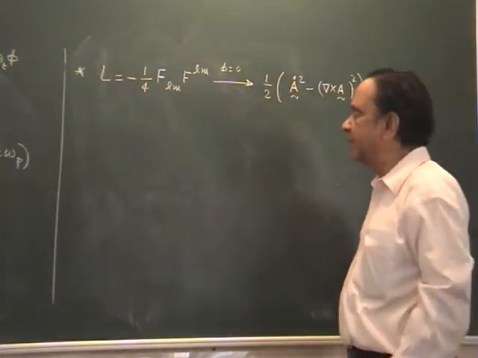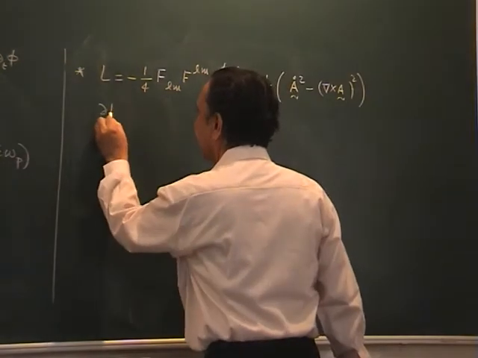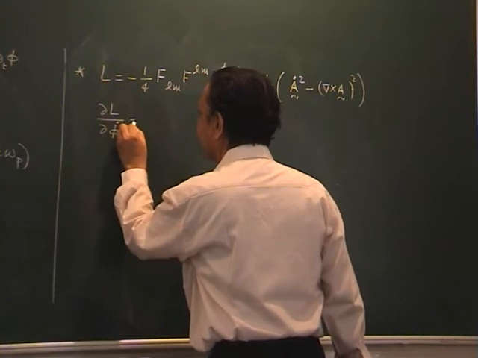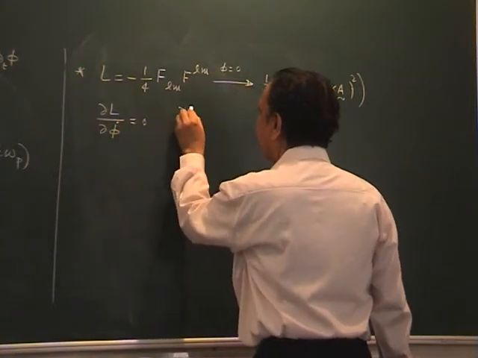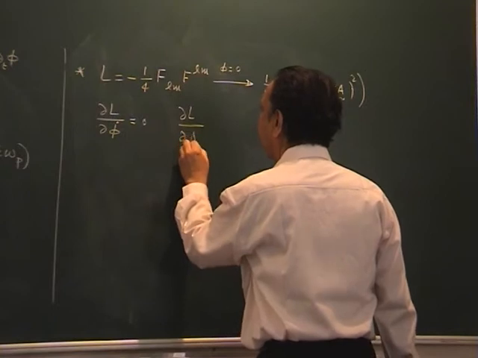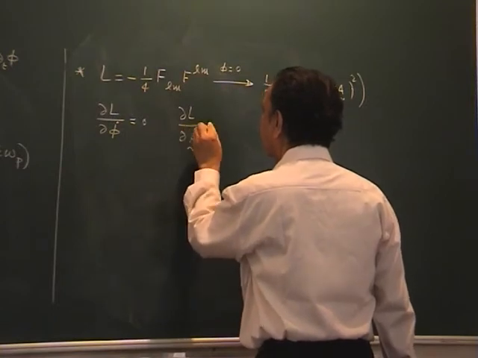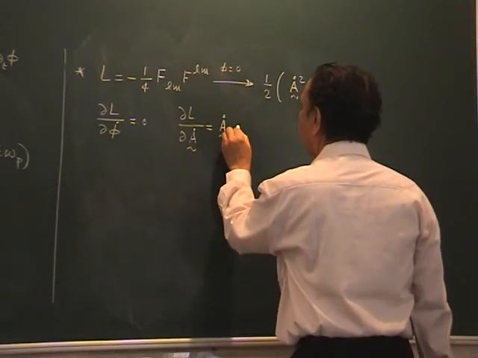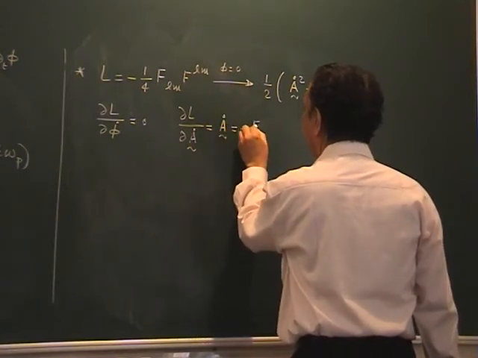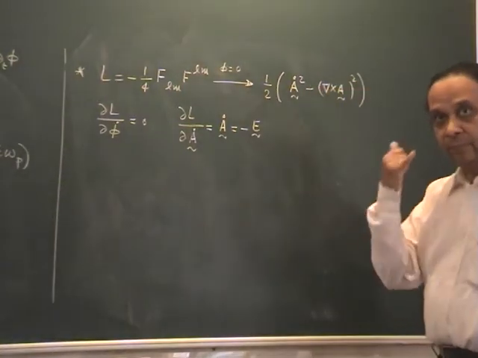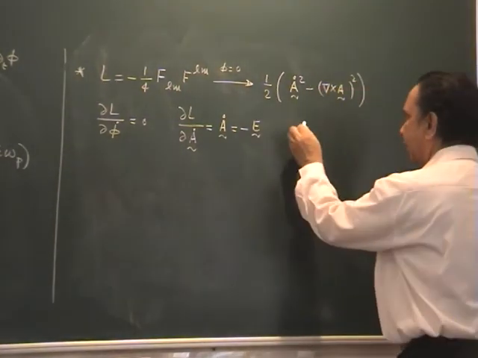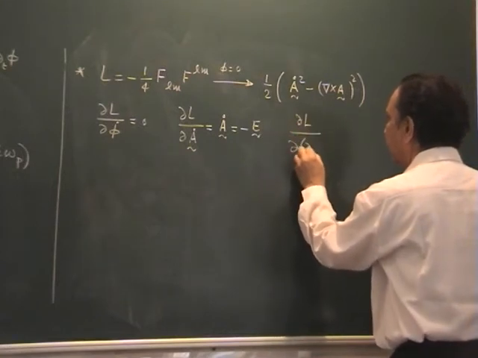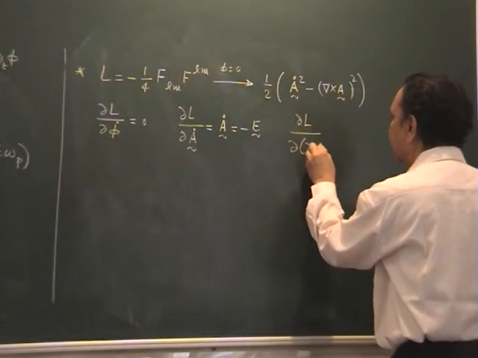You can immediately see from this that dL with respect to d phi dot, as we have discussed before, is equal to 0, and dL with respect to dA dot is equal to A dot, which is minus E. What it means in our notation is the following. We are doing dL with respect to d/dt of A superscript alpha.